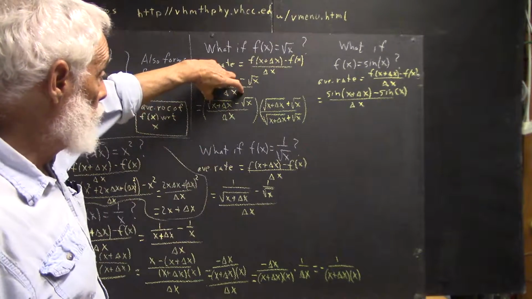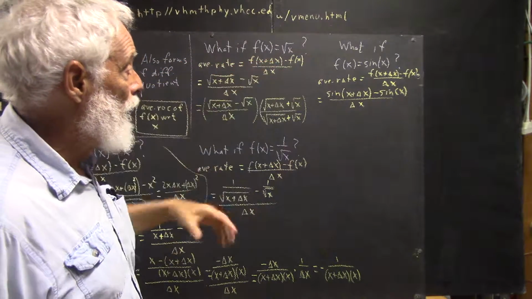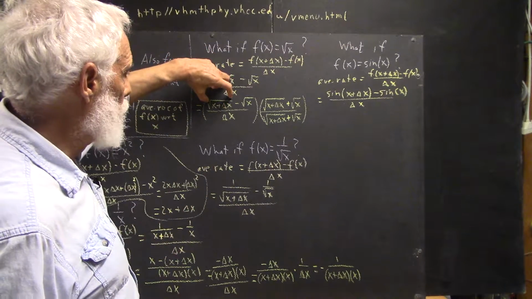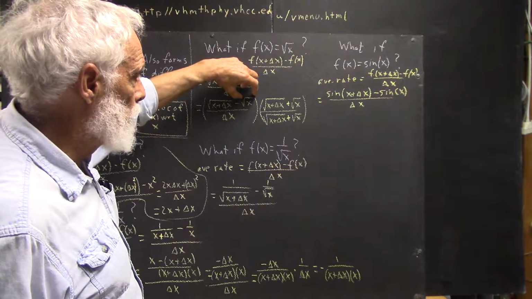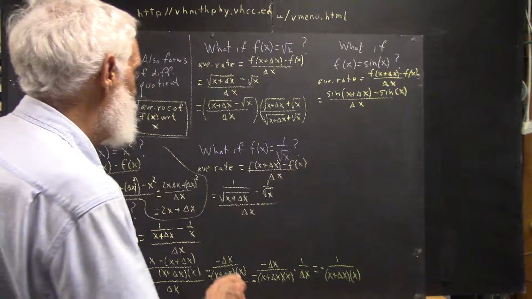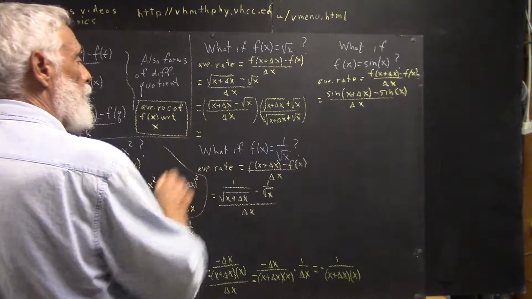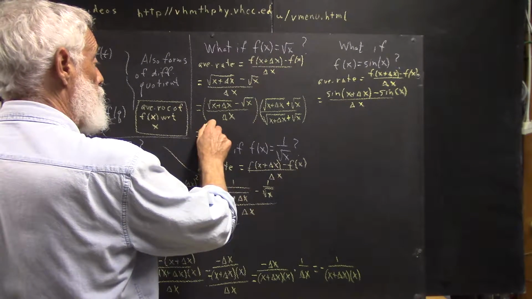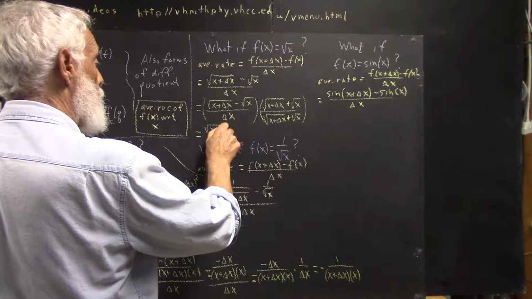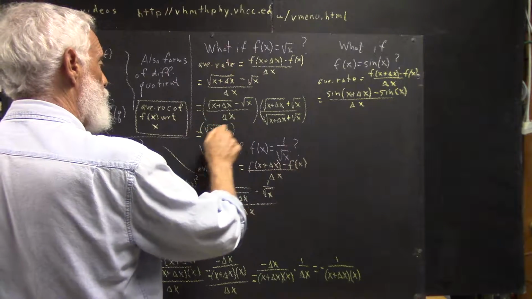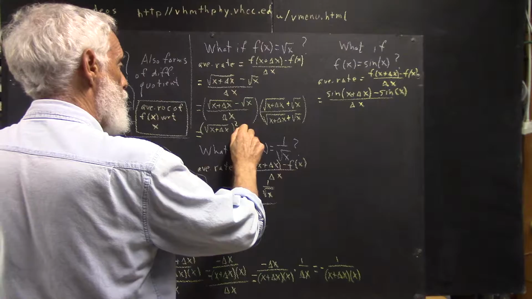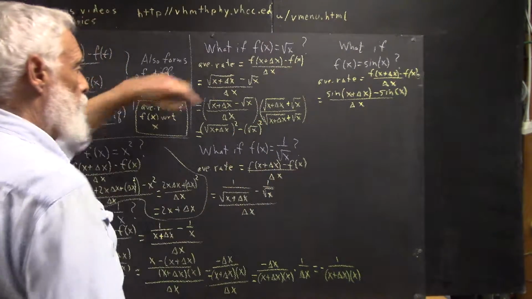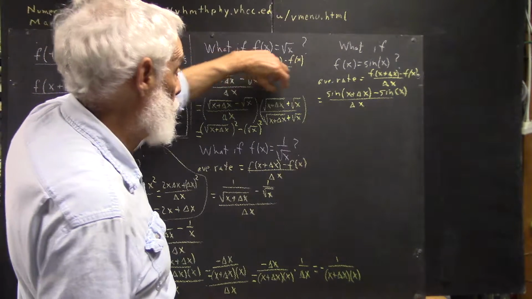In other words, when I do this multiplication, I'm going to get something involving the square of this, something involving the square of this, and nothing else. And what I'm going to get then is just the square of this minus the square of this.